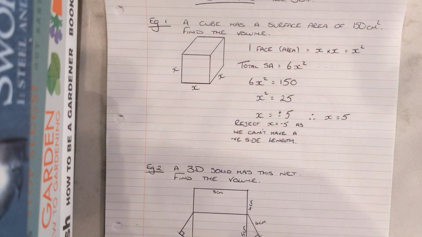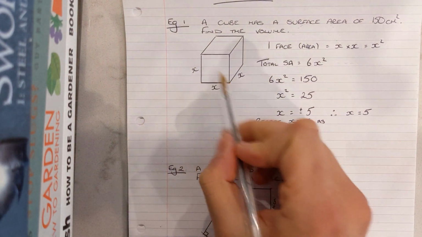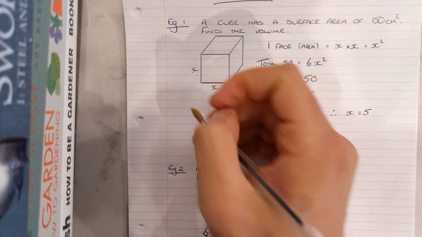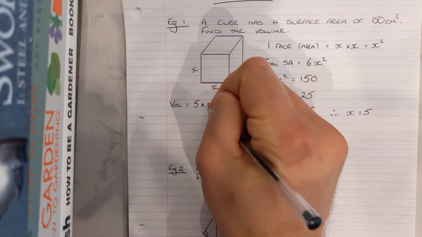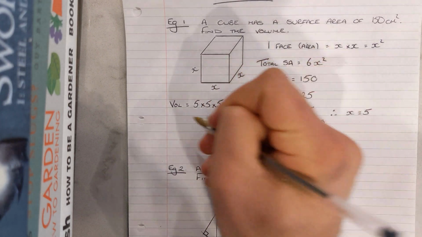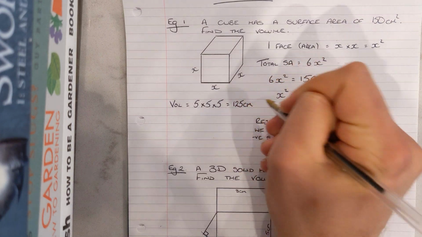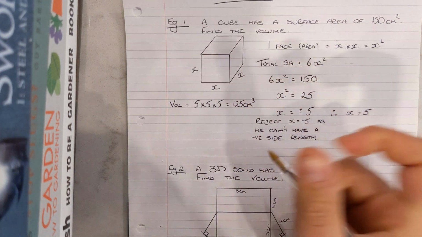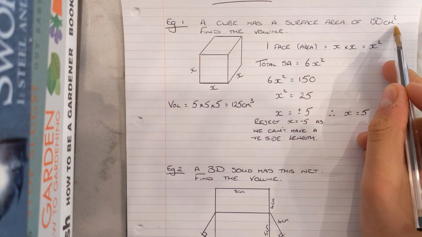And then to finish off the question, the volume of a cube is just base times height times length. So the volume is equal to 5 times 5 times 5, which is 125 centimeters cubed. I had to quickly check the units there because I didn't remember if it was in centimeters or meters.